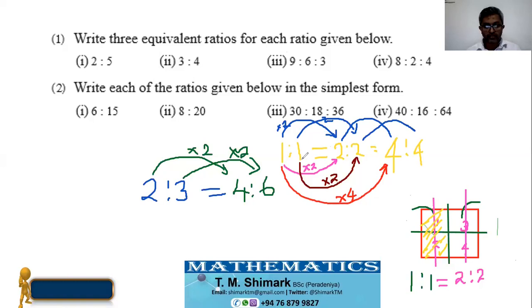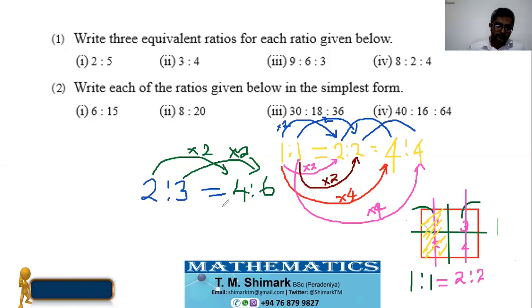So you have to take the other one also and multiply it by 4. So you got that also 4. So if you do something to one portion, multiplication or division, you don't leave the other portion; you have to do the same thing to it. That's all you have to remember.